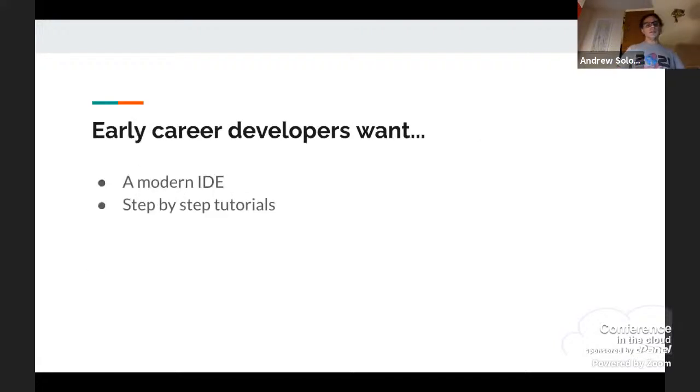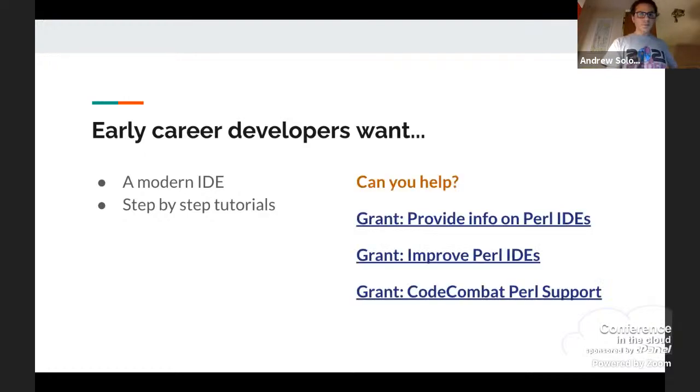And another point is that early career developers who are younger than me, they want an IDE. I had to look up in the dictionary what IDE means. Integrated development environment. It means not Vim, not Ed, not even Emacs. And they want tutorials. So some progress has been made.